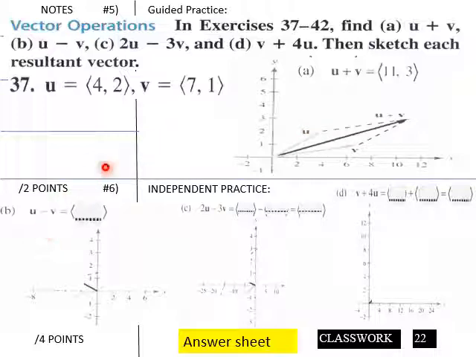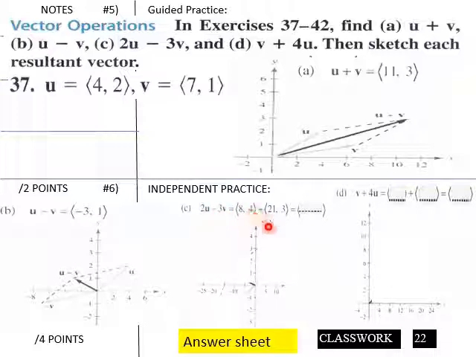And then B is u minus v, which would be negative 3, 1. And then graphically, this would be your solution here, out here. And then 2u minus 3v. So 2u minus 3v would be 8, 4 minus 21, 3.